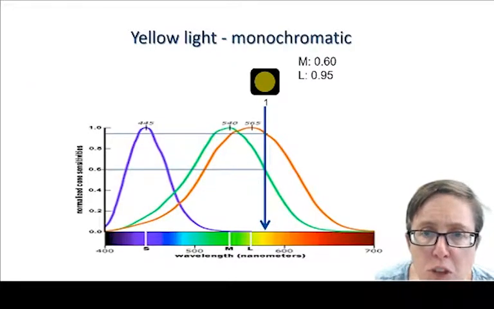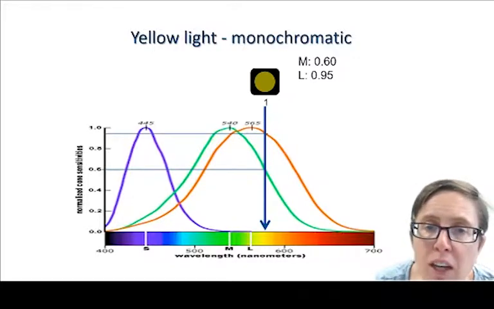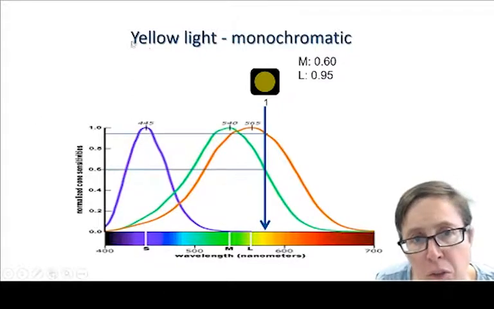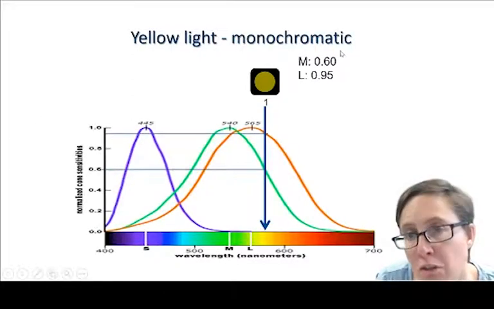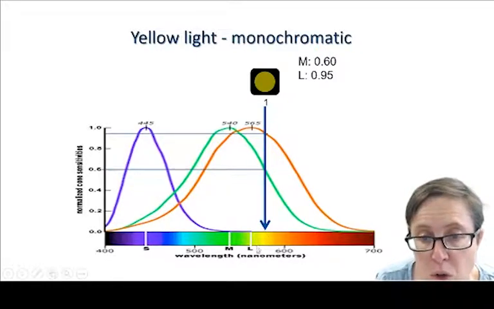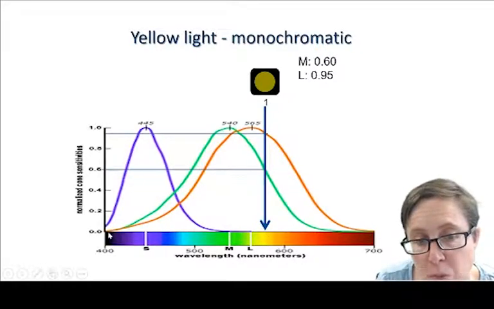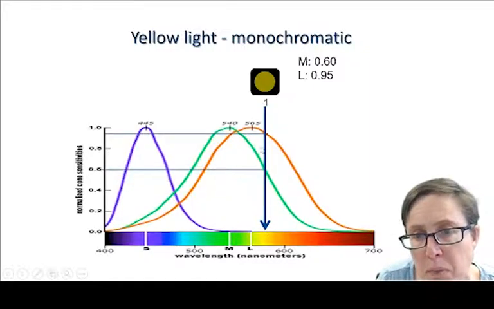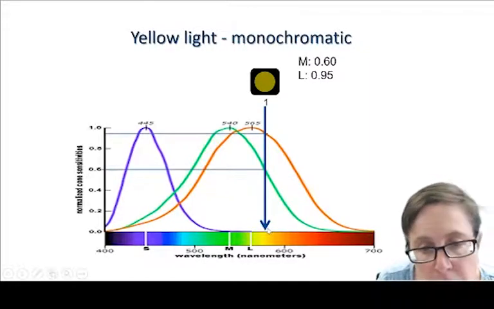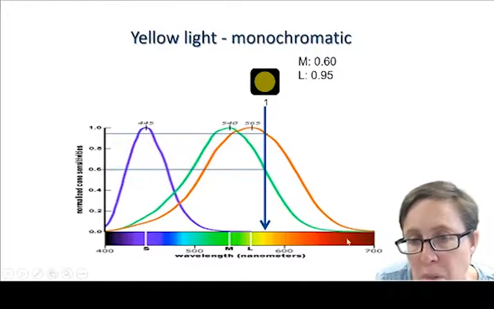So let's go through and see in a bit more detail how these metamers work. Okay, so let's imagine we've got some yellow light and it's monochromatic. So by that I mean a spectrum that consists of just one single wavelength. So the spectrum would be 0, 0, 0 and then have a big peak at this yellow kind of wavelength, so about 580 nanometers, something like that.